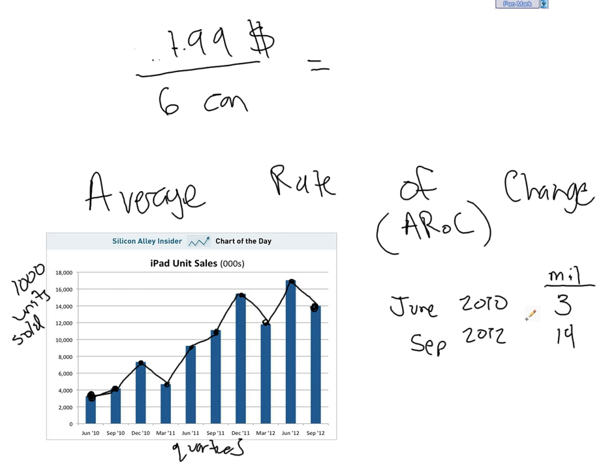Now, in this article about iPads, it says that sales are actually down from the June 2012 quarter, so they dropped a little bit into September. I'm guessing they probably picked up due to the Christmas sales.